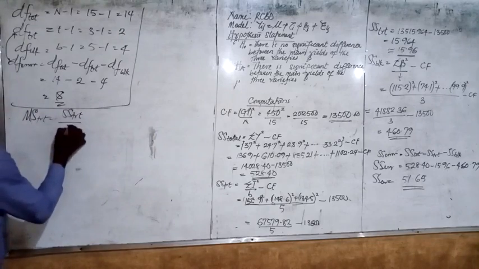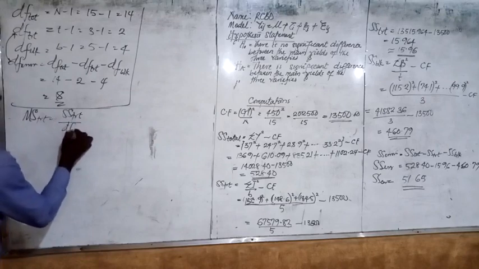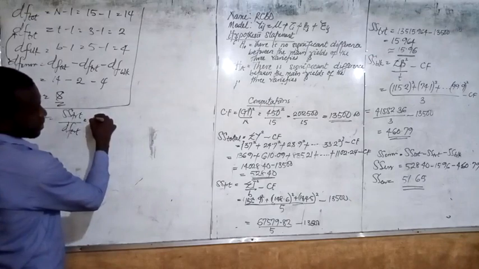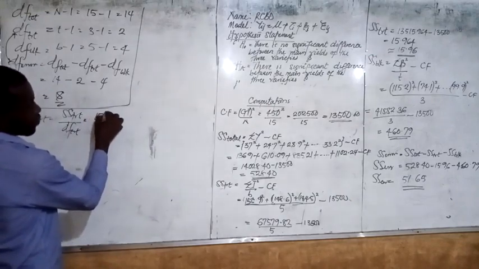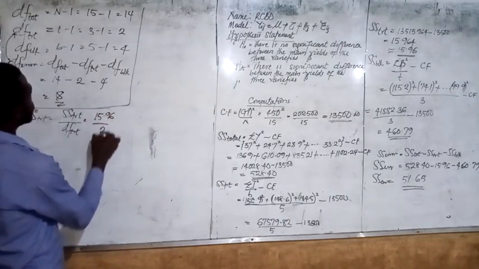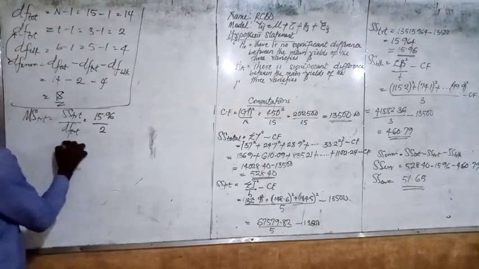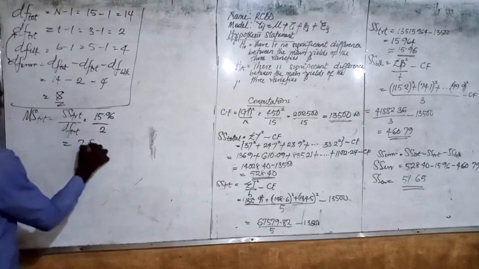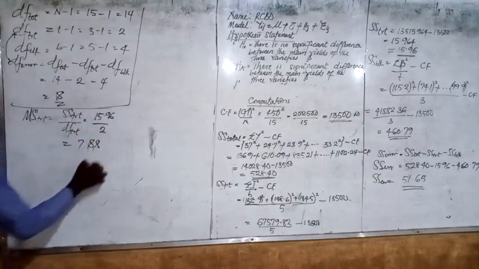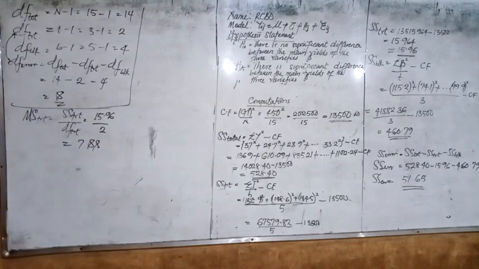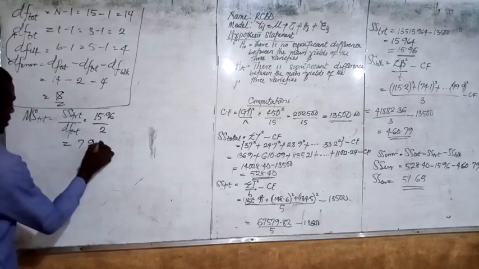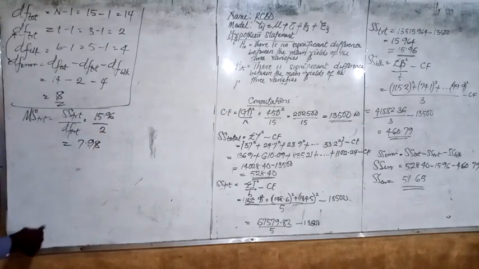Our SS treatment is 15.96 over 2, so that becomes 7.98.